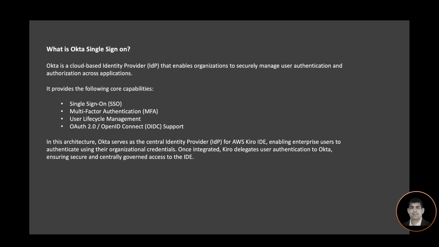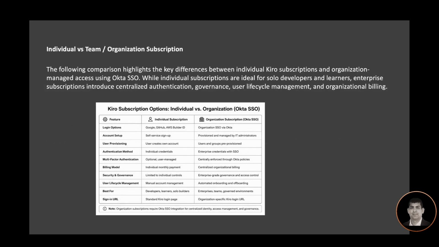In this architecture, Okta serves as the central identity provider for AWS Kiro IDE, enabling enterprise users to authenticate using their organizational credentials. Once integrated, Kiro delegates user authentication to Okta, ensuring secure and centrally governed access to the IDE.